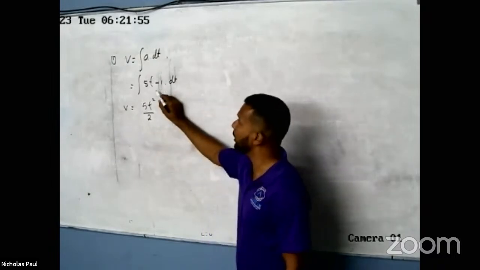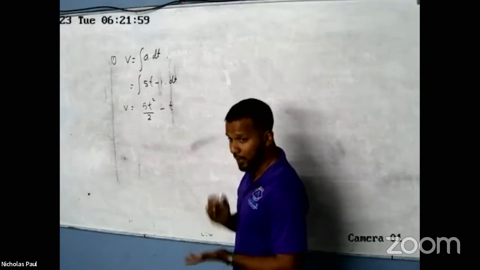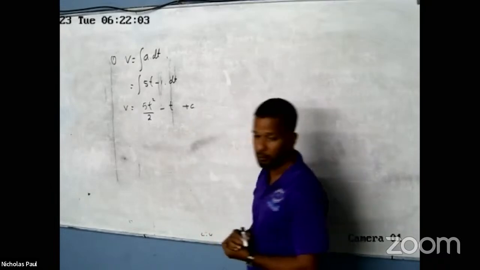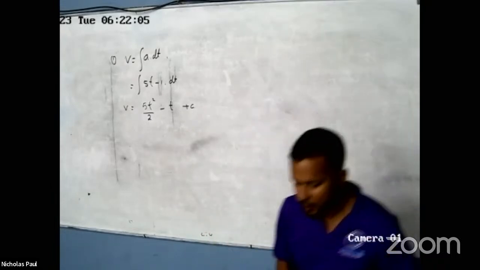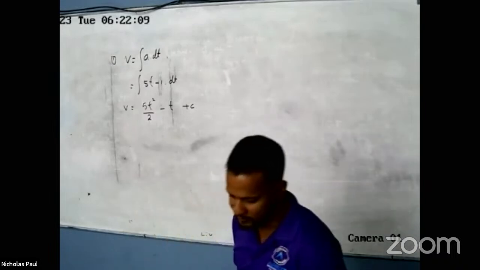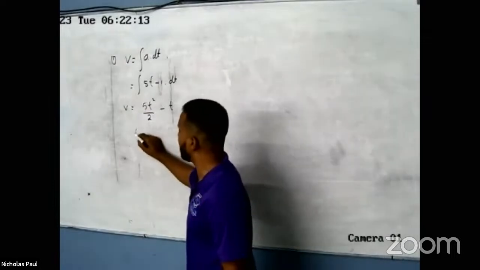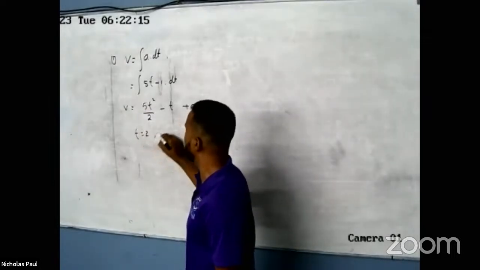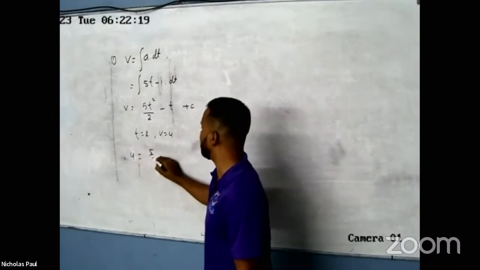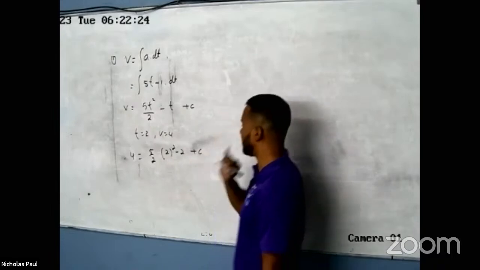The integral of minus 1 is minus t. You cannot forget the c. How do we find the c now? If we look back at the question, the question said when t is 2, the velocity is 4. So 4 is equal to 5 times 2 squared over 2 minus 2 plus c.